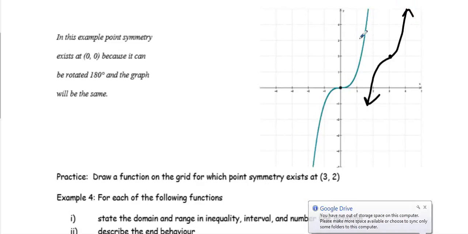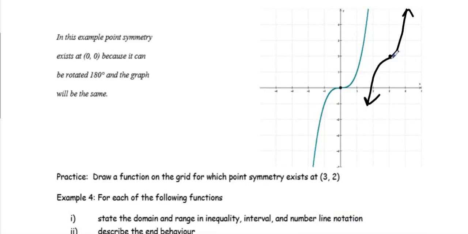If we rotate this through 180 degrees, we're going to exactly have that graph back if we're rotating it around the point 3, 2. We could have also had a line through this point, this point, this point, and a straight line. And if we had rotated it through 180 degrees, we would get our line back. Okay, so that's point symmetry.